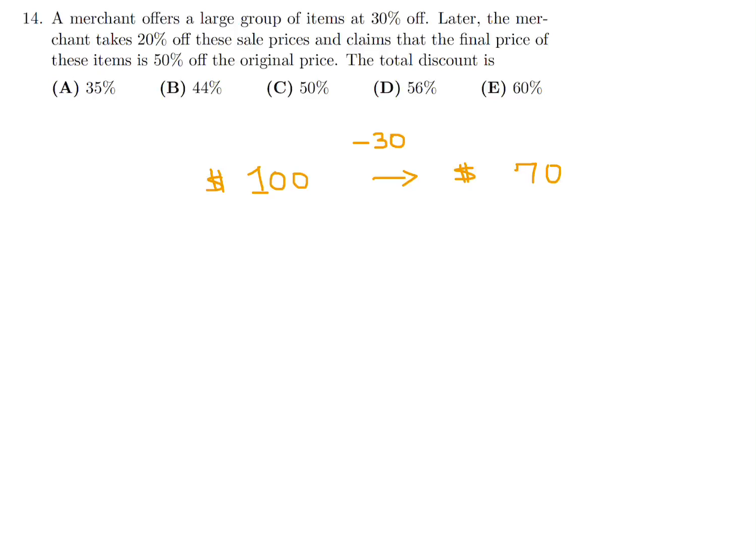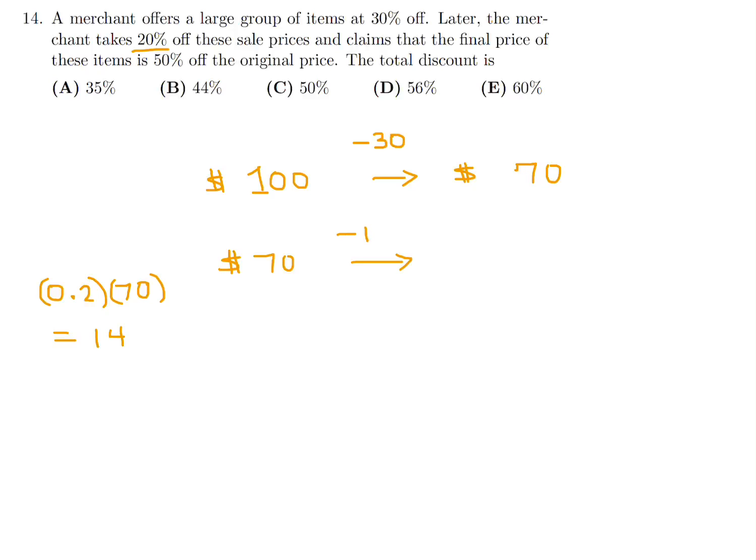Correct? Now, at this point, you've got items at $70. And we want to take off 20%, not $20, 20%. What is 20% of 70? Well, you do it a little bit on the side if you're not sure. 0.2 times 70 is how you get 20%, and that's 14.